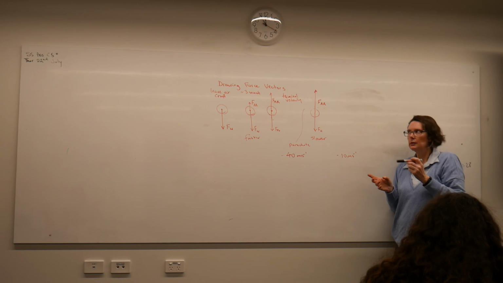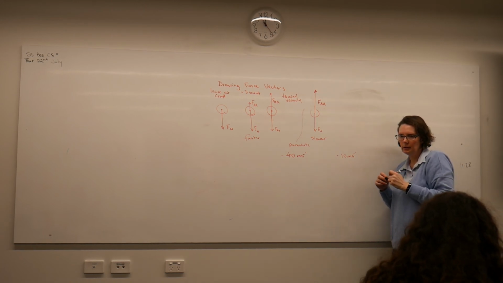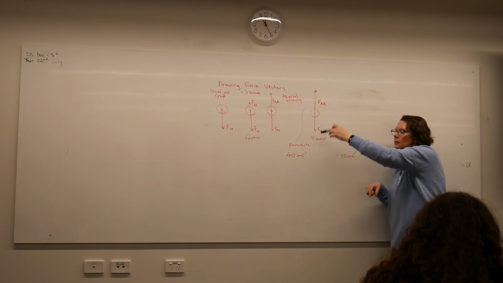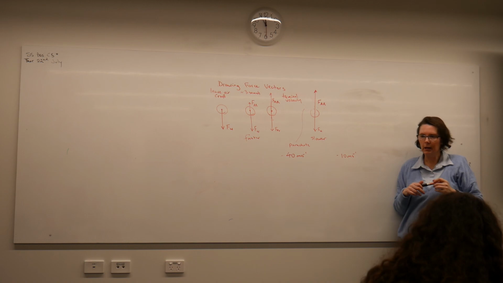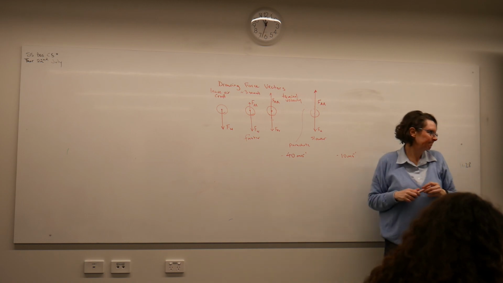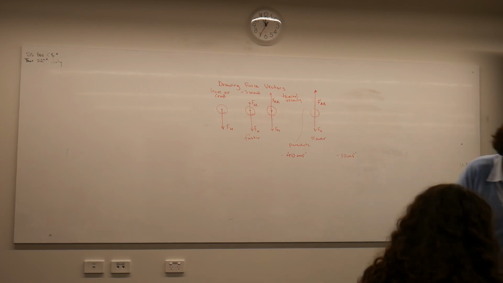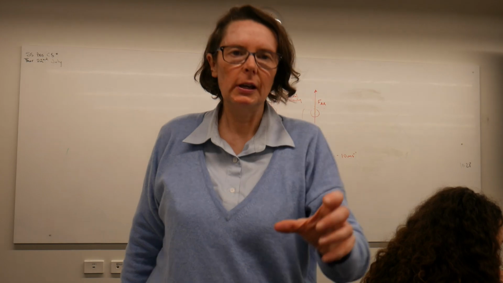And that means that the vector acting up, in total, must be bigger than the vector acting down. Okay? Does that make sense? All right, very good. It's hard stuff.